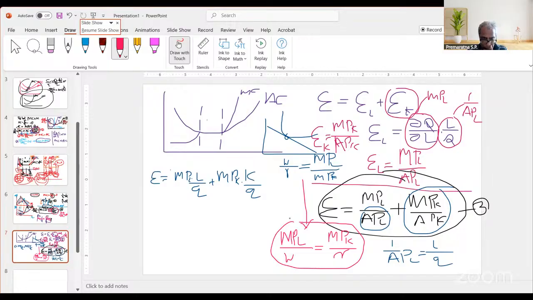Now what I am going to do here, in this equation number 4, first part of the equation, right hand side, multiply by W over W. You see nothing happens, it's like multiplying by 1.